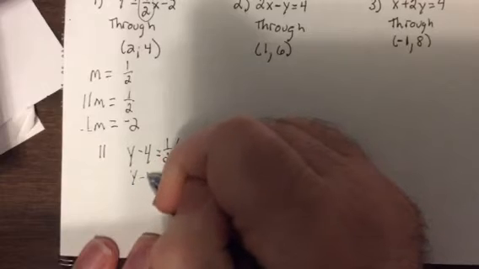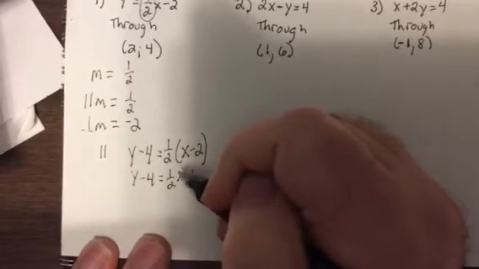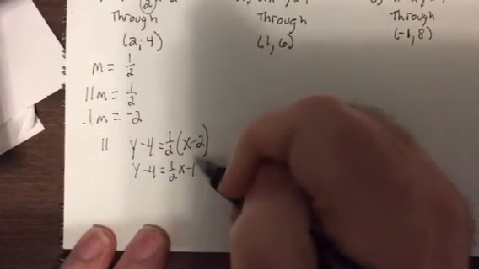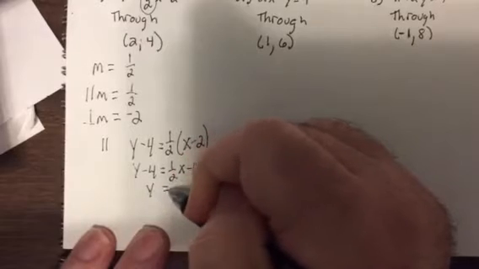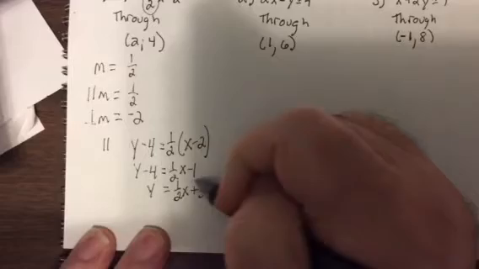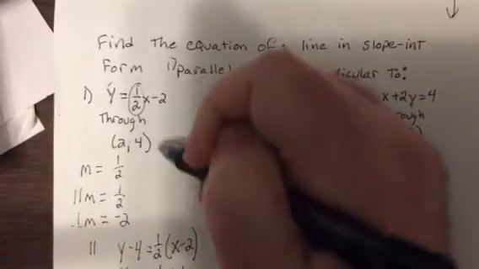So it'd be y minus 4, distribute the half, 1/2 x minus 1. Good job, Murphy. And then get y by itself, so add 4. So y equals 1/2 x plus 3. Yay!